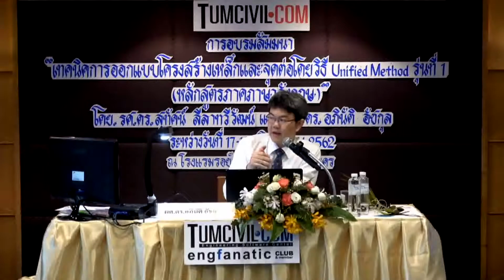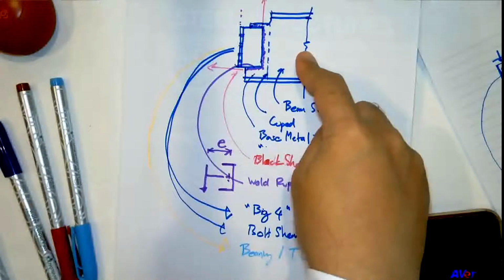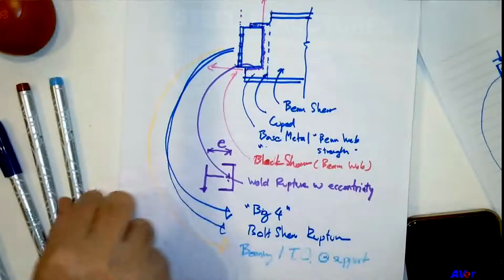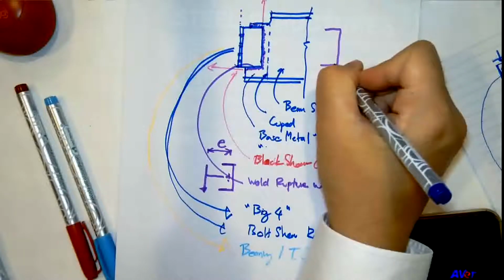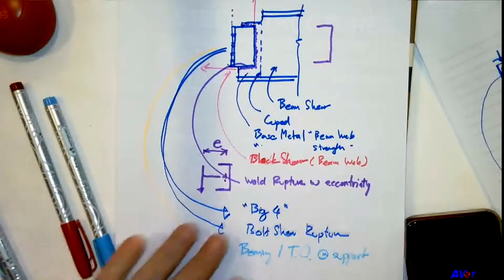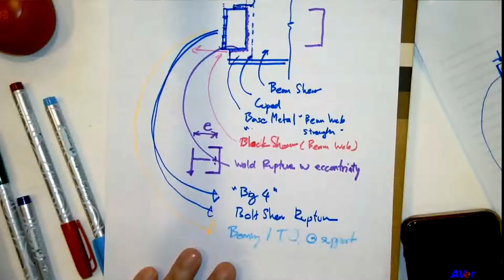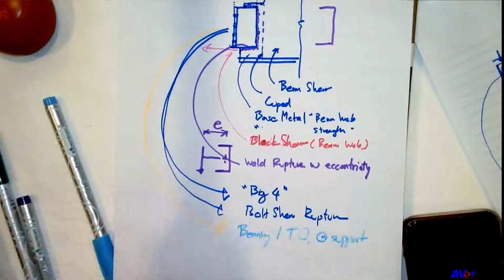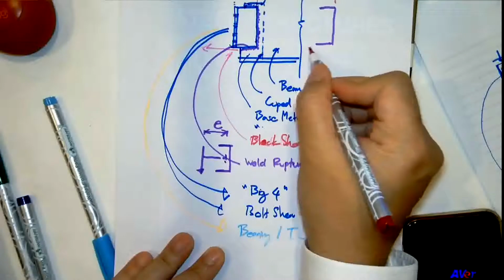Well, the block shear may be less than the beam shear itself. Because the base material would be concerned with this shape, right? But then when the block shear failure occurs, you will have this. But yeah, it's going to be close. I see where you're coming from. The pink one is gone, right? So when the block shear failure occurs, it's this part. So it's not really the same one.